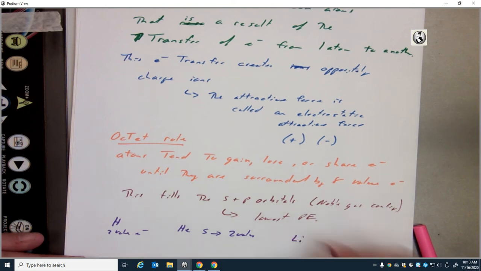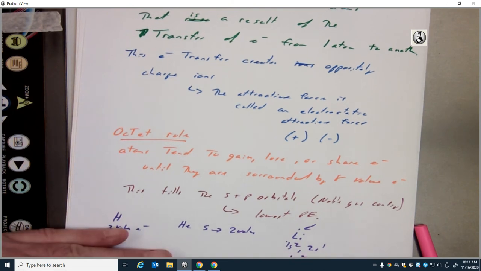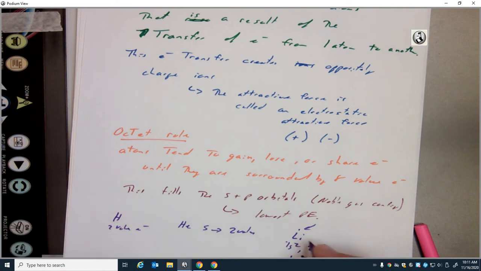Lithium. Okay, lithium has 3 valence electrons, and it wants a noble gas configuration. It's going to lose this 1 electron. Okay, so it would be 1s2, 2s1. Okay, it's going to lose that 1 electron and become 1s2, like helium. So lithium is another one that only wants 2.